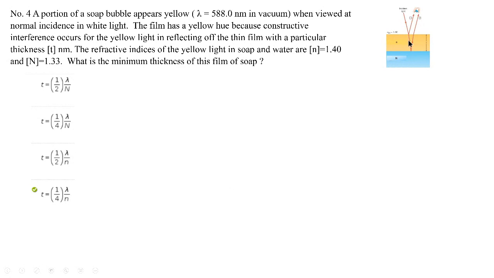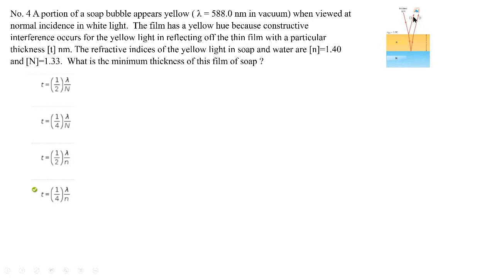But light wave 2, when it goes through here and is reflected off a medium whose index of refraction is less than it, because this n is greater than capital N, then there is no 180-degree phase change. So there is this extra little twist, if you like, that causes a 180-degree phase change.